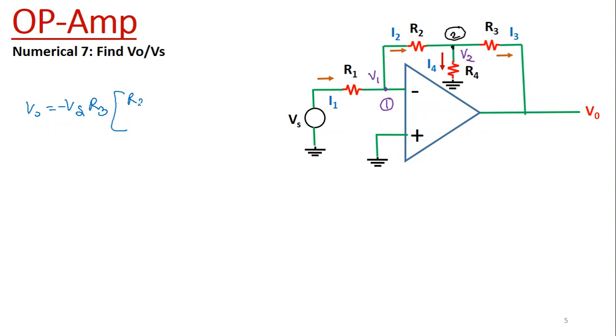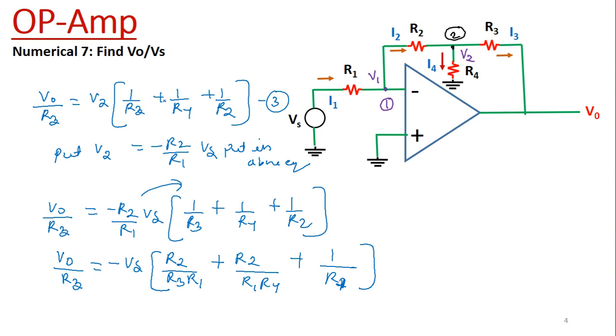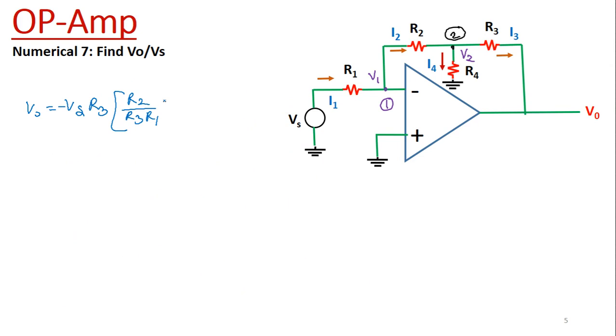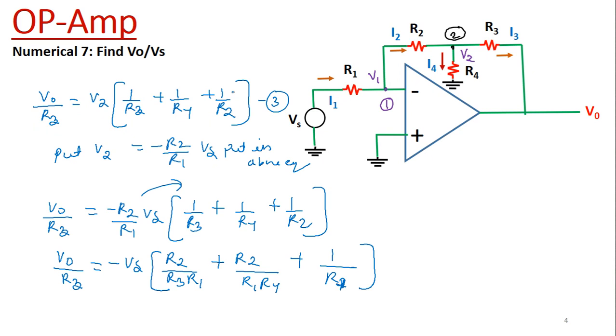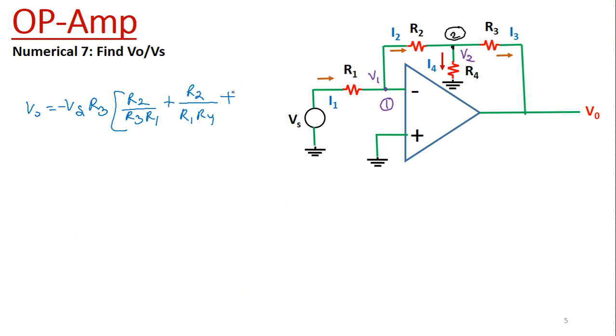Minus of R2 divided by R3 R1, plus R2 divided by R1 R4, plus 1 upon R1. So this is the equation which we are getting.